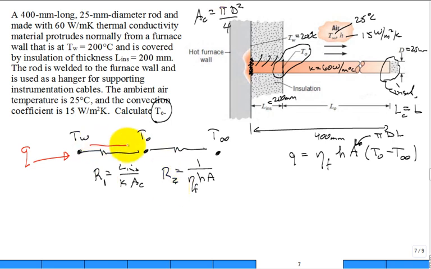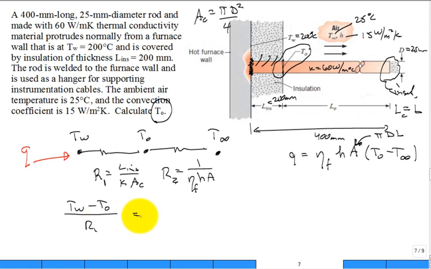Is the flow through that first resistor, Q, is 50 watts, 75 watts, 33 watts, whatever it is. Is it the same as the flow through the second resistor? Or somehow the Q's don't match? The Q through the first resistor, is that equal to Q through the second? This is series. It's the same. True? So the Q through the first one is TW minus T0 divided by R1.